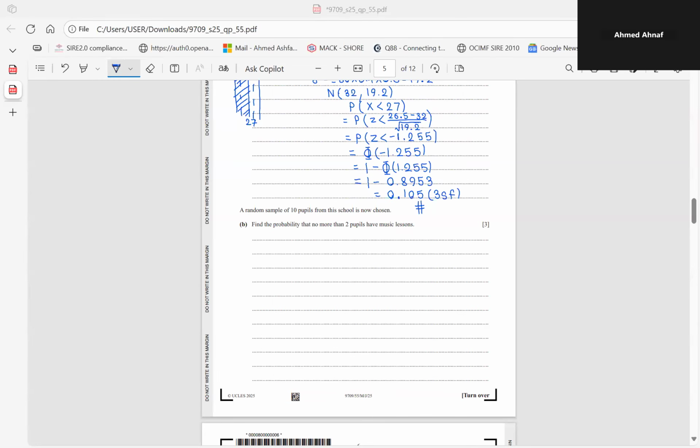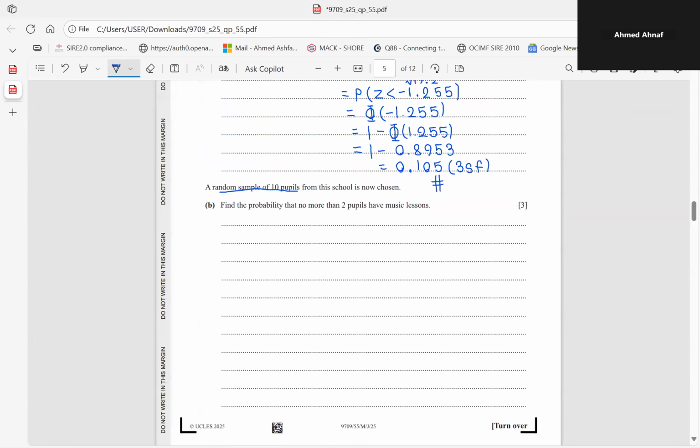Okay, now we're told that a random sample of 10 pupils from this school is now chosen. And the second part, we have to find the probability that no more than 2 pupils have music lessons. To do this, we basically have to find the probability that x is less than or equal to 2.